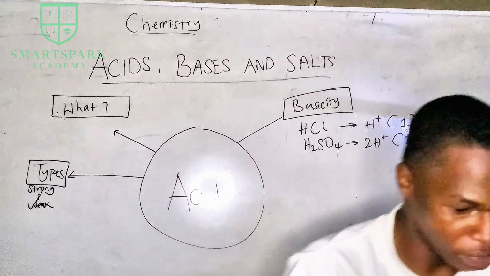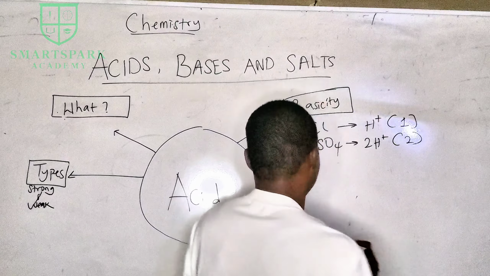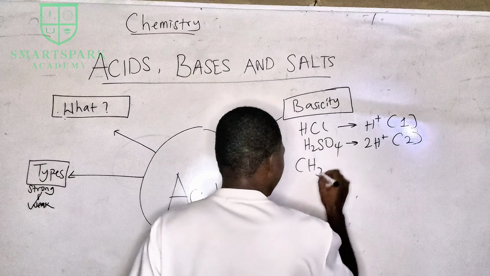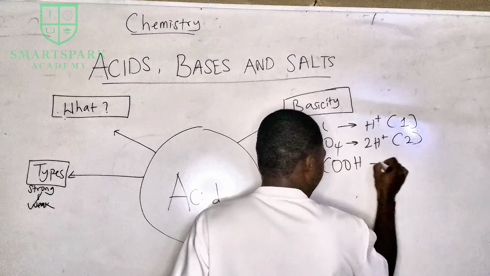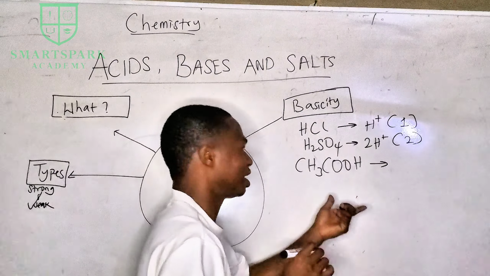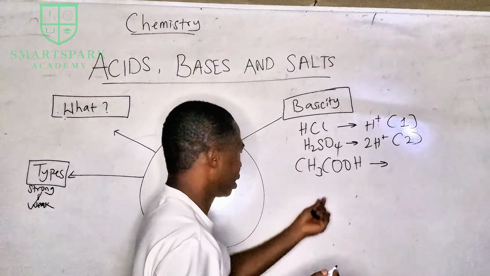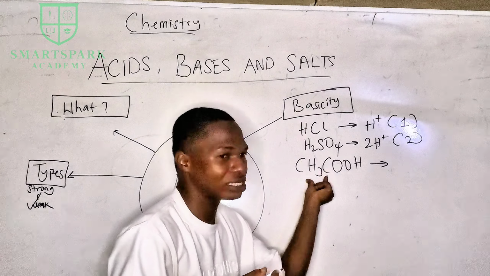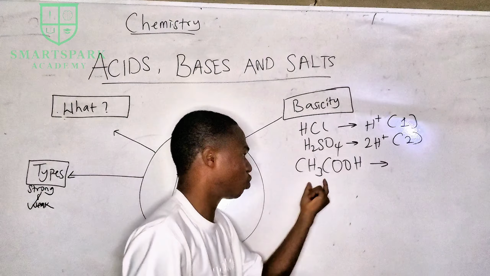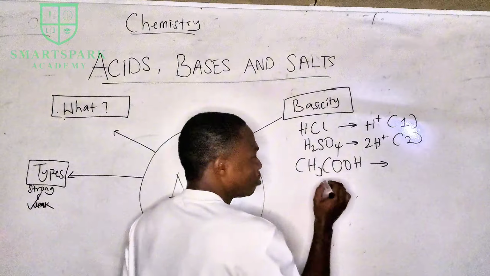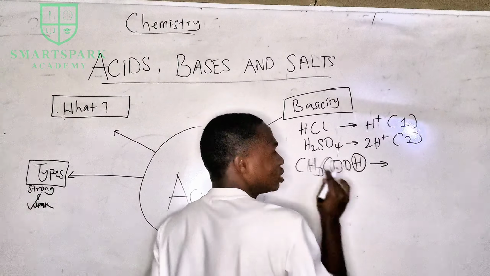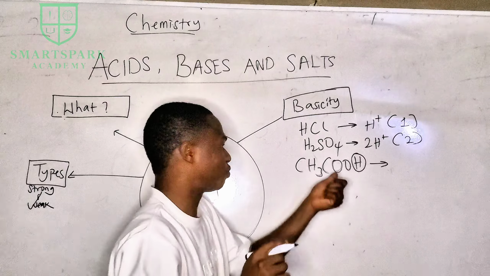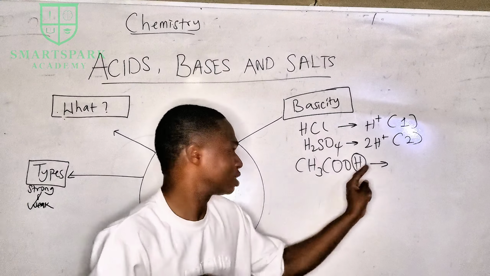There is a tricky question here. Take for instance ethanoic acid, CH3COOH. If they ask you, possibly in JAMB or WAEC, what is the basicity of ethanoic acid, it is not 3, it is not 4. The only replaceable hydrogen ion, if you dissolve this ethanoic acid in water, is the last one.